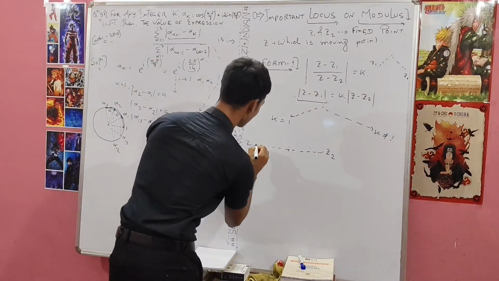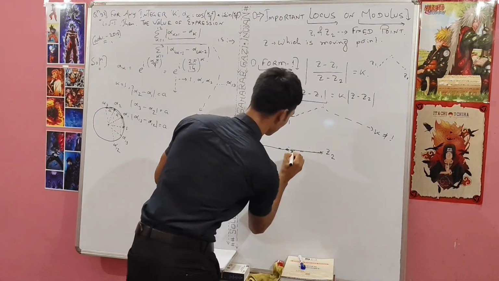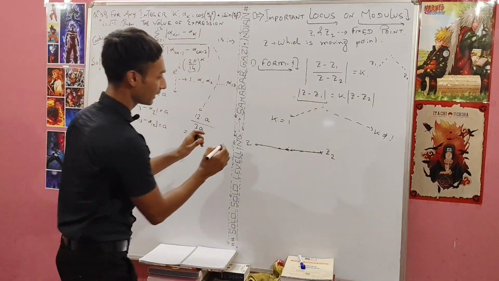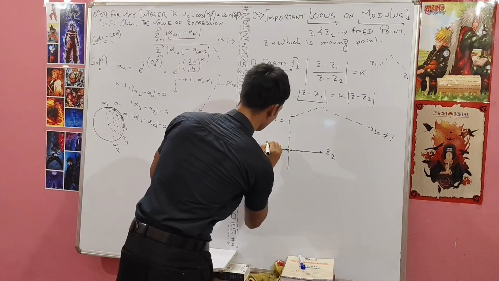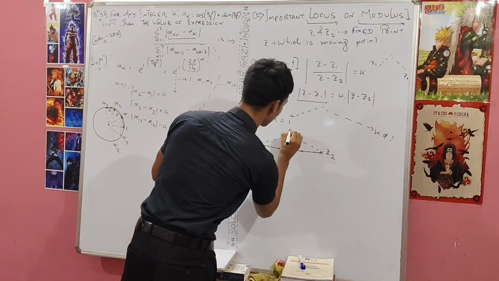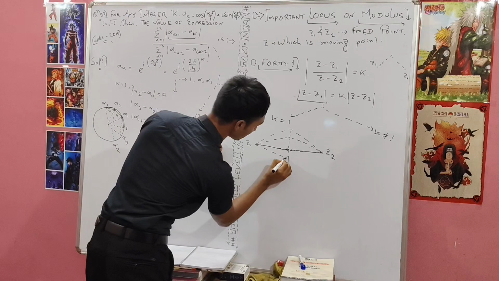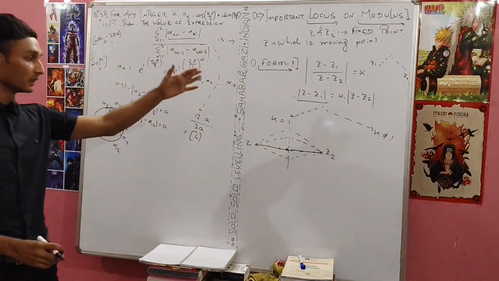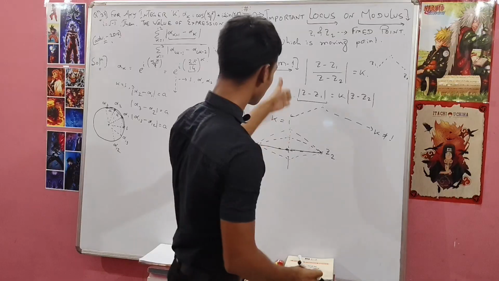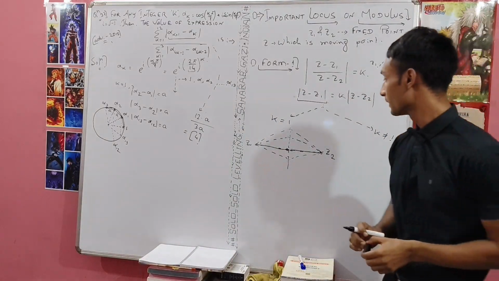Now if you put z in this line anywhere, like above this, you will get the same distance. Here also you will get the same distance. So that's why z is moving around this bisector line of the line segment z1 and z2.